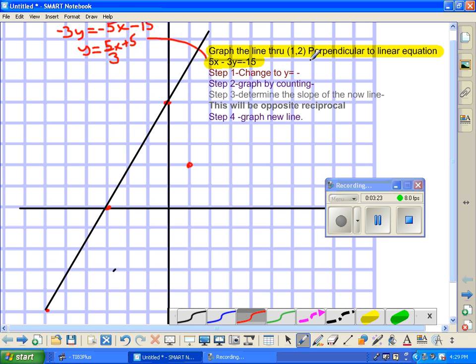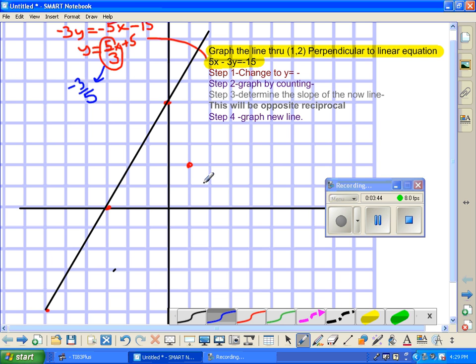In graphing a perpendicular line, we need to change this slope to its opposite reciprocal. So instead of it being 5 over 3, the new slope will be negative 3 over 5.